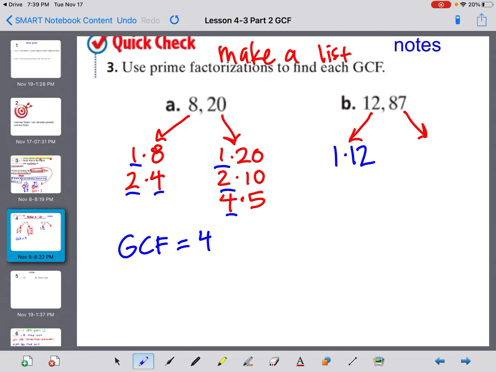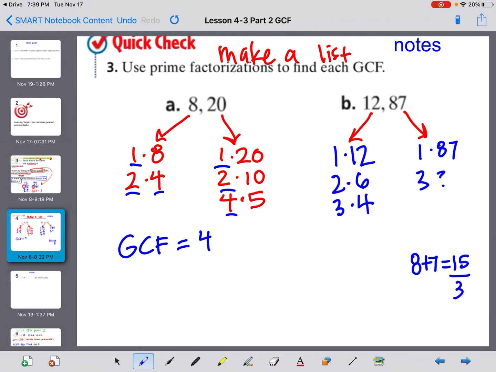12. Oh, that one keeps coming up for me today. It must be my favorite number today. 1 and 12, 2 and 6, 3 and 4. 87. Is that prime? It's odd, so 2 isn't going to work. Will 3 work? Oh, hey, remember that divisibility rule? 8 plus 7 is 15.